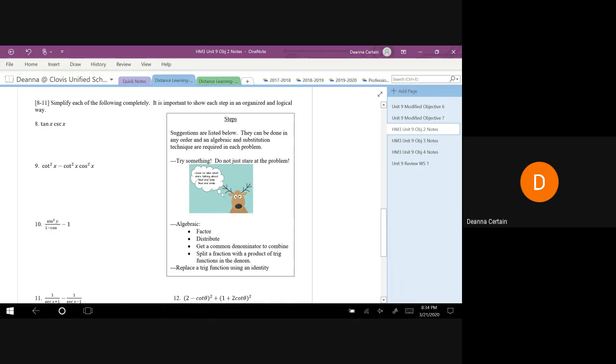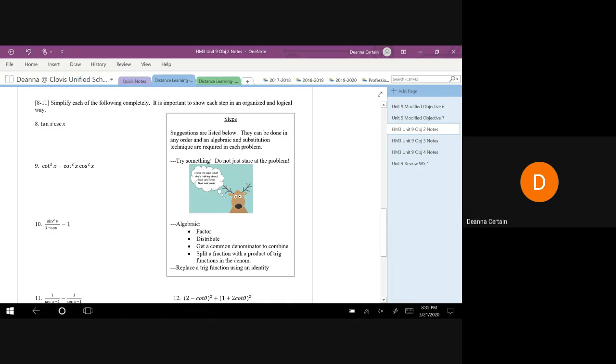Anyway, our suggested steps are to, first of all, try something. The most tempting thing to do with problems like these in Objective 2 with simplifying, or Objective 3 with proofs, is to look at it and go, well, I don't know what to do, and to freeze and to stop and not do anything. Unfortunately, you can't just not do.